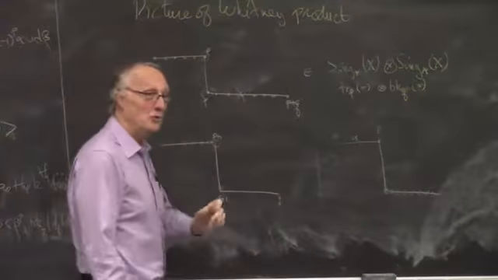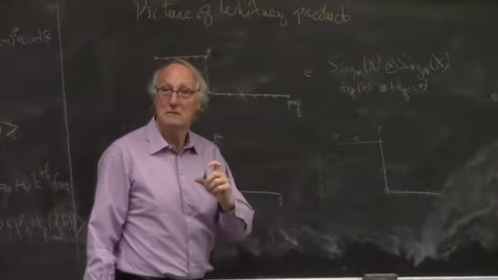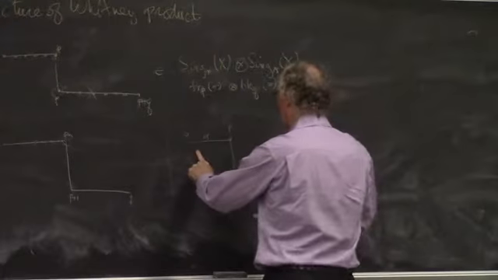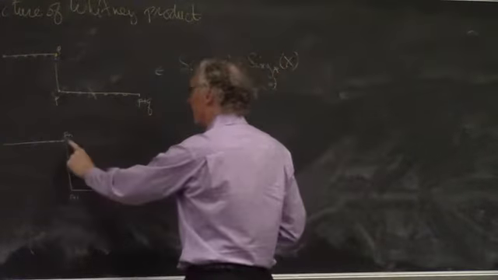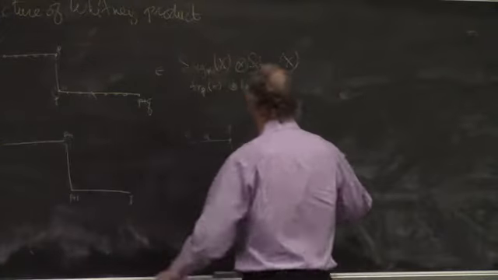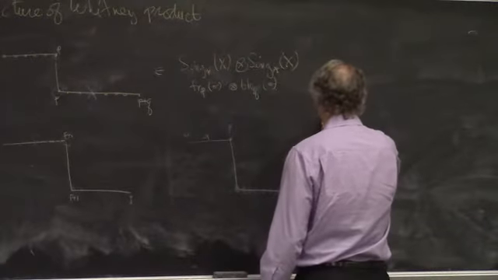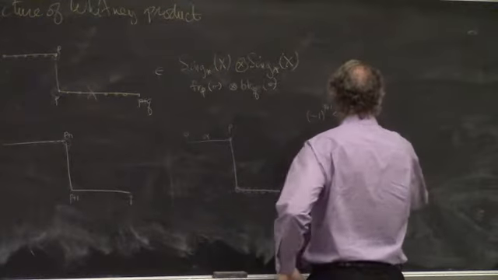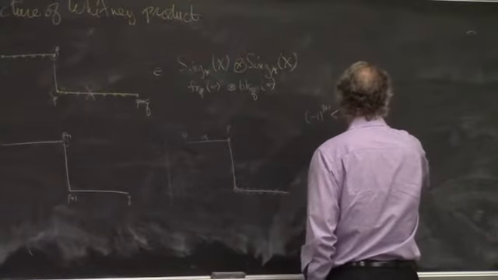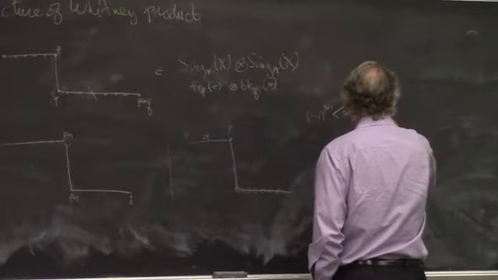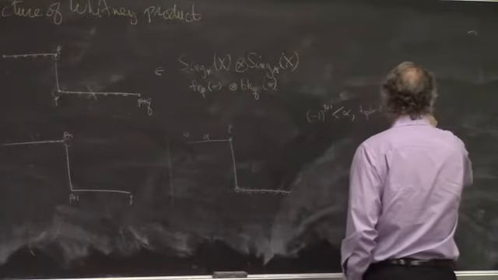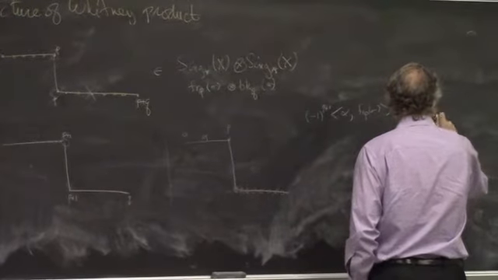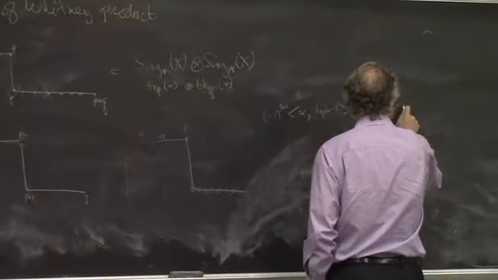But we have two extra pictures. We have the one where we drop out of alpha p plus 1. So that would be -1 to the p plus 1, alpha restricted to the front p face of sigma, times beta restricted to the back q face of sigma.